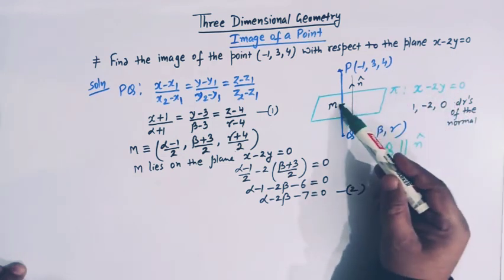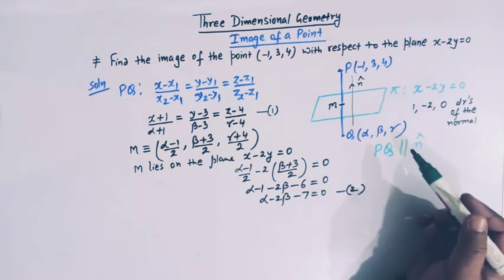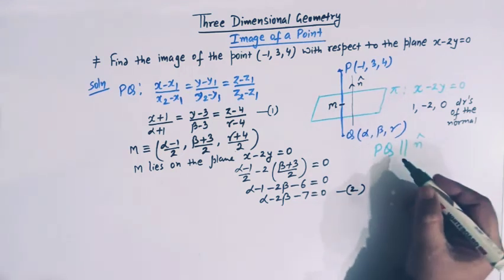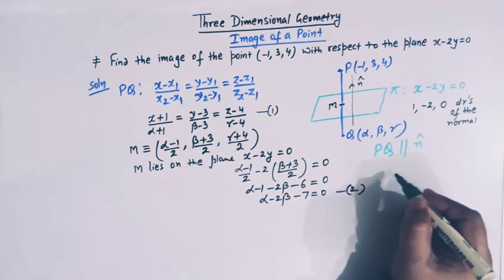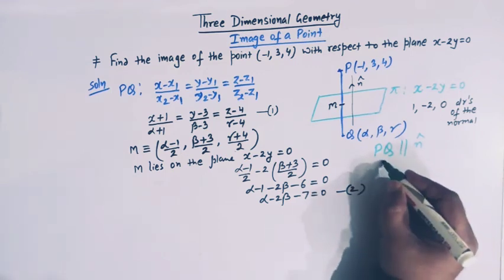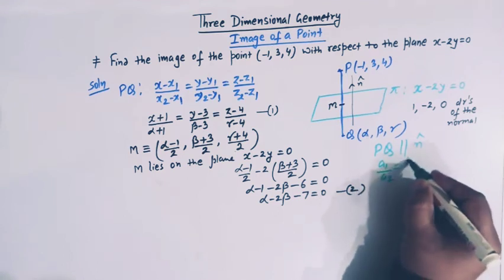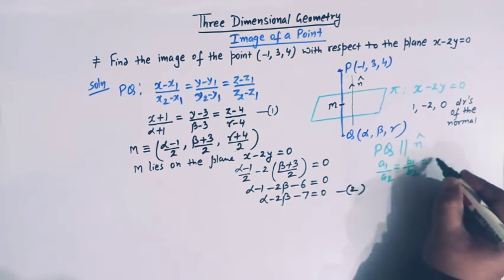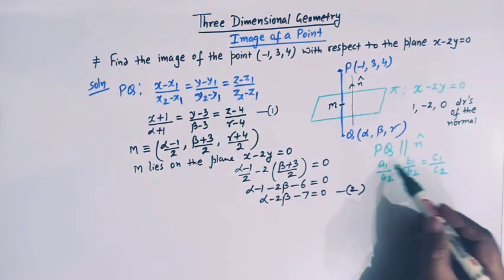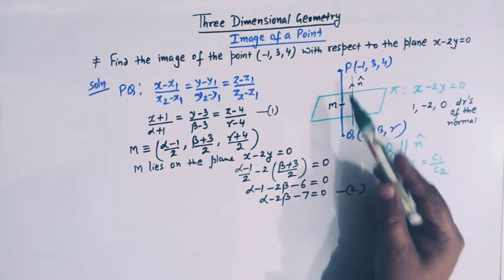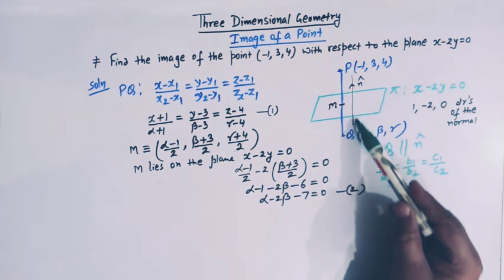So these two lines are parallel, and we know that if two lines are parallel and if their DRs are A1 B1 C1 and A2 B2 C2, then we have the condition A1 over A2 is equal to B1 over B2 is equal to C1 over C2, right? So here A1 B1 C1 are the DRs of PQ, and A2 B2 C2 are the DRs of this normal.